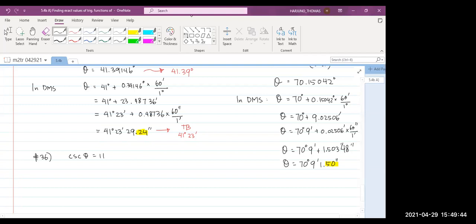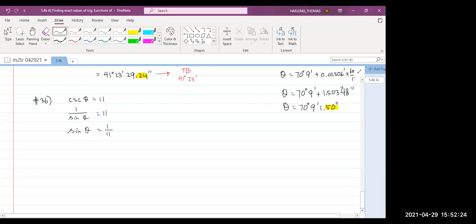I will give you 1 minute for this. Okay, let's start. So I will first make it into 1 over sine theta equals 11, right? So sine theta is 1 over 11. Now theta therefore is sine inverse of 1 over 11. Let's see what that is.